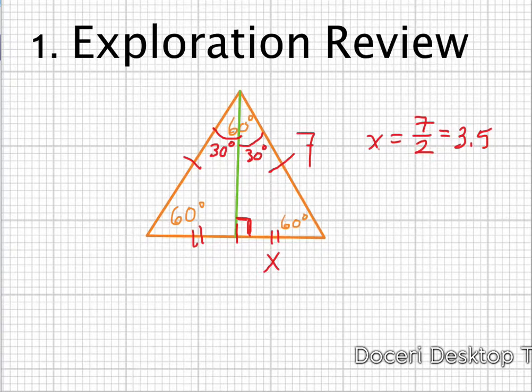Now, we found the relationship, or we should see a pattern in the relationship between the smallest side and the hypotenuse. It's just half of it, right? The smallest side is opposite 30, and the biggest side is opposite 90. The biggest side is your hypotenuse.